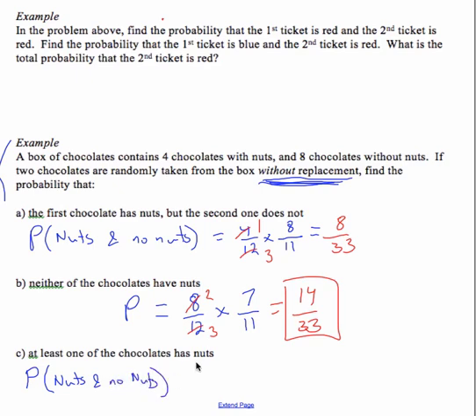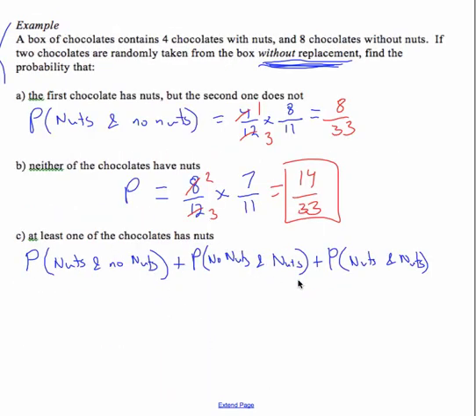We can do that, and we can add the probability of the first one having no nuts and the second one having nuts, and then add together the probability that both of them have nuts. Okay, that's all the possibilities in which at least one of the chocolates has nuts.